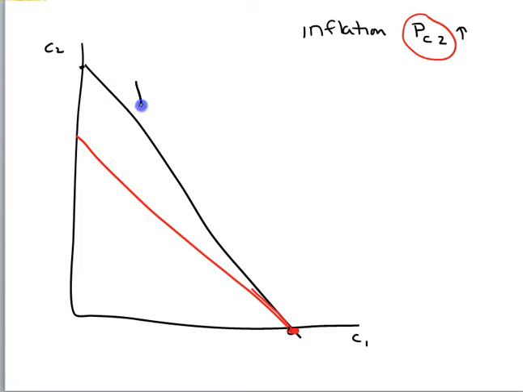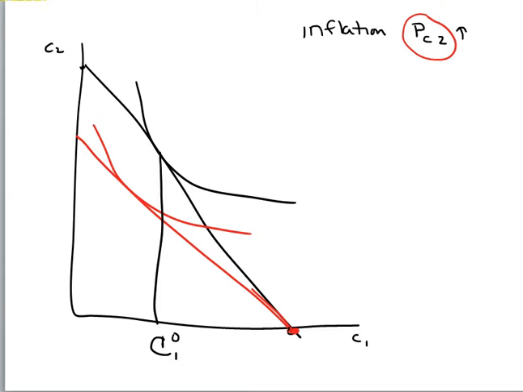What is this going to do for consumption? Can you guess what the movement from C1 naught to C11 is?